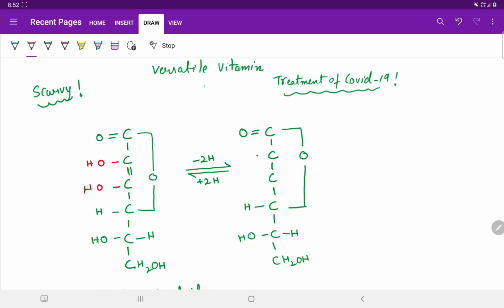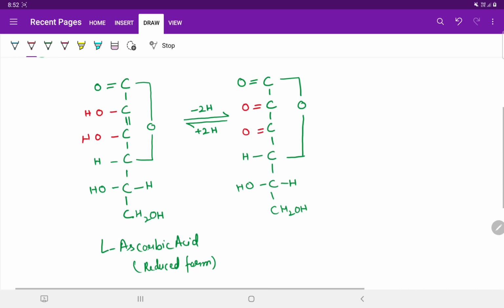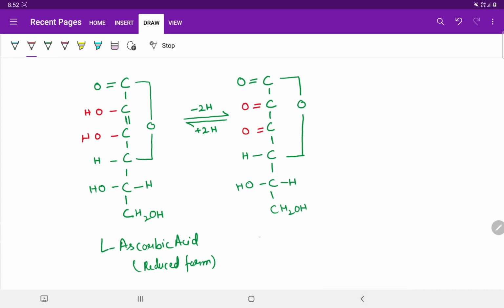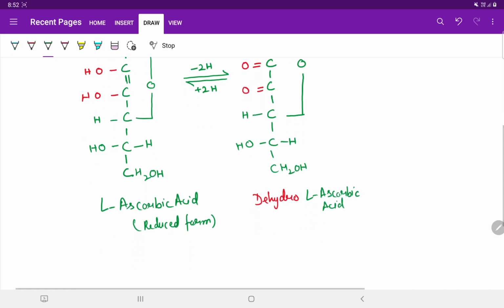So here you can see the double bond present, and this is the oxidized form of ascorbic acid known as dehydro L-ascorbic acid. And it is the oxidized form, always remember.